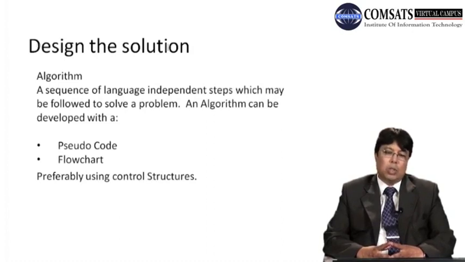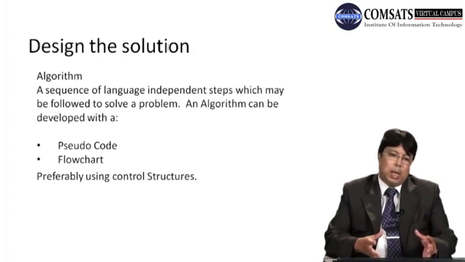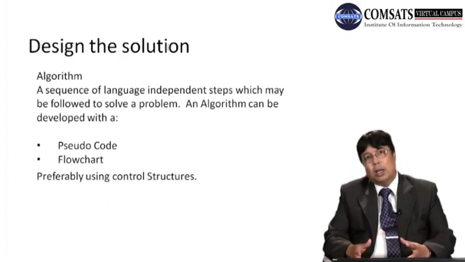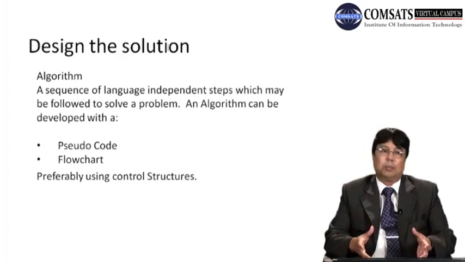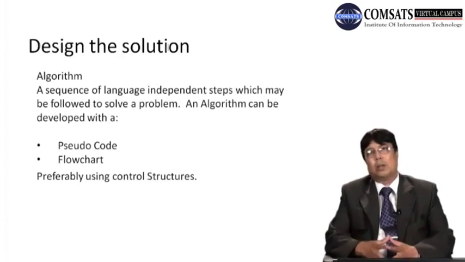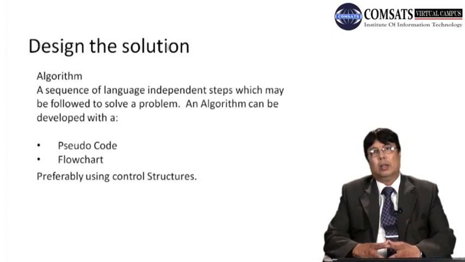Preferably using control structure. The algorithm that will have the set of instructions might be in pseudocode, might be in a flowchart. Then this set of instructions forms a structure, and then you have to define the flow of the structure, so that you may define the flow of your algorithm first.